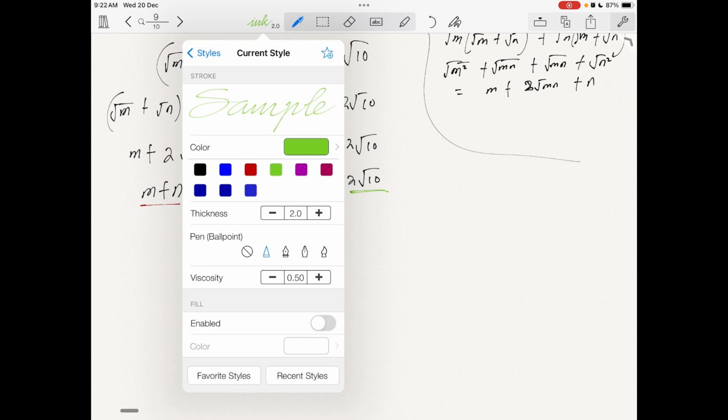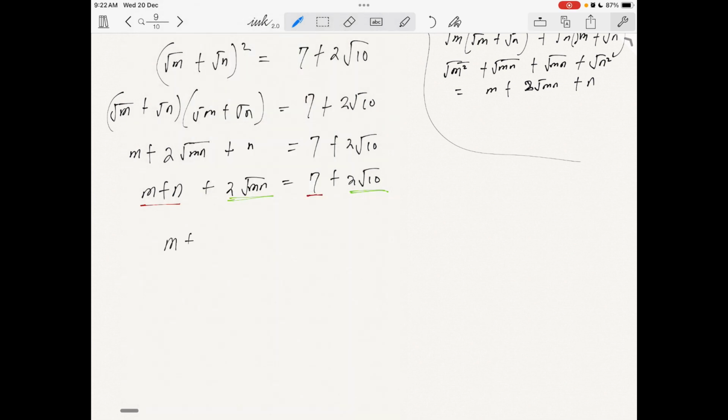So m plus n is equals to 7. This is just like equating surds together, and that will be equation 1. And also we have 2 root mn equals 2 root 10, and this will be our equation 2.